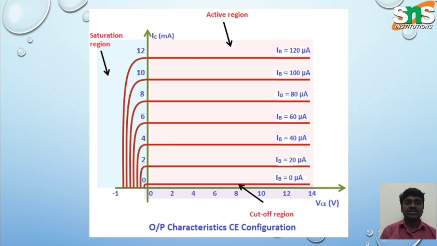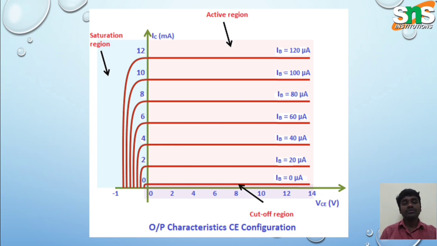Then if we increase the IB current, like 20 microampere, 40 microampere, 60 microampere, up to 120 microampere, in the saturation region it increases suddenly and reaches the saturation point. In the active region, the IC currents are constant for different values while increasing the VCE voltage.